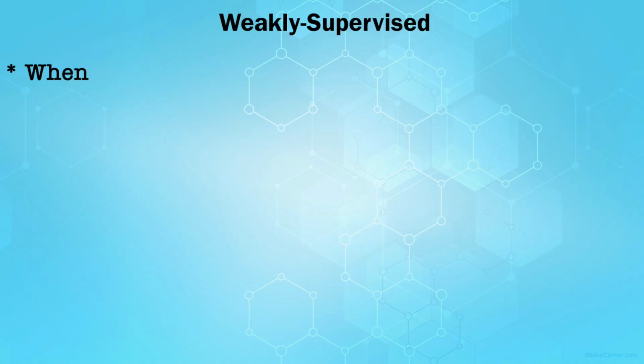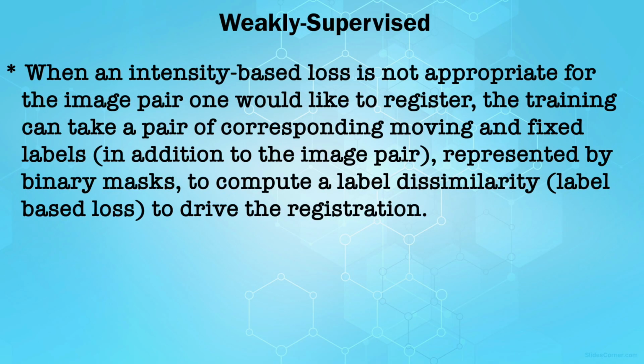Now, weakly supervised registration. When an intensity based loss is not appropriate for the image pair to register, the training can take a pair of corresponding moving and fixed labels in addition to the image pair, represented by a binary mask, to compute a label dissimilarity, a label based loss, to drive the registration.